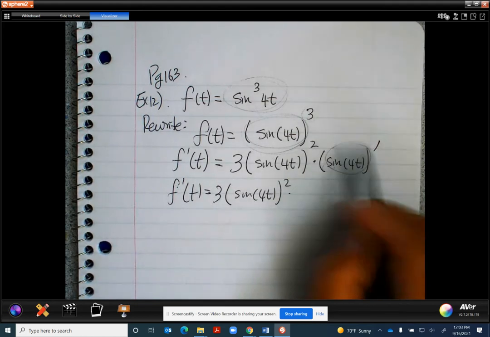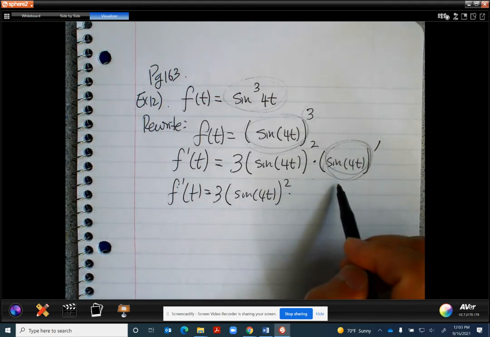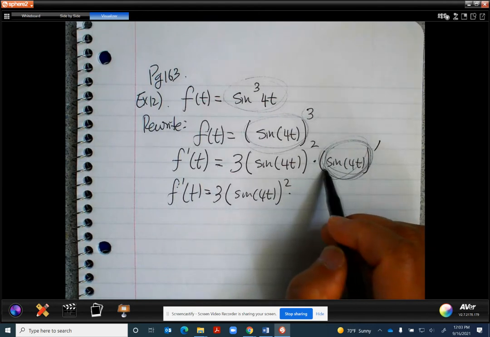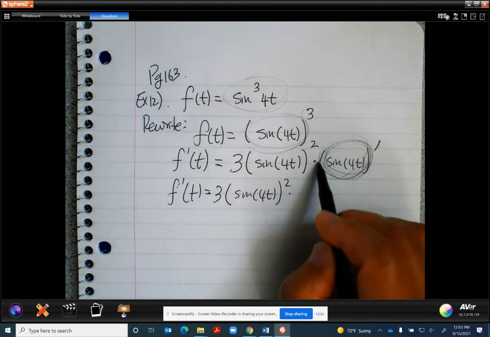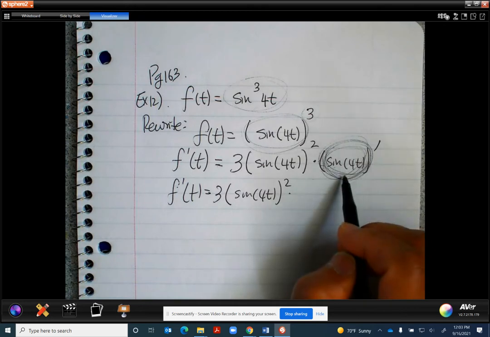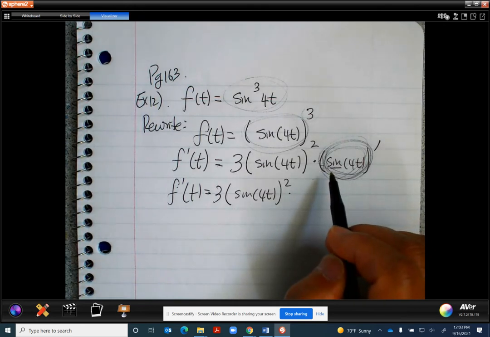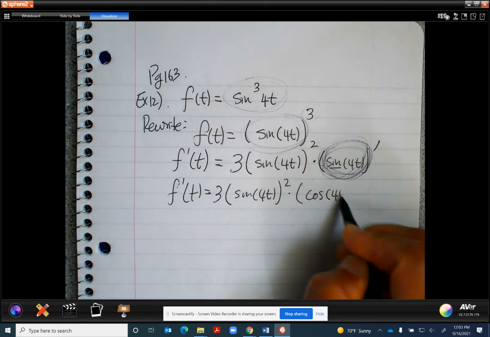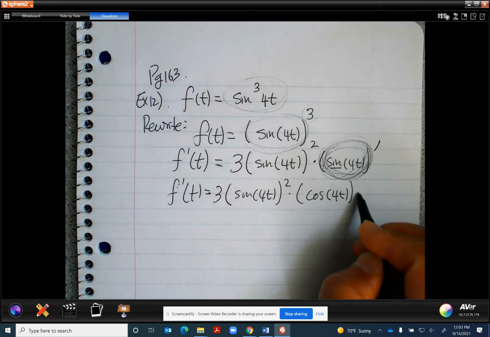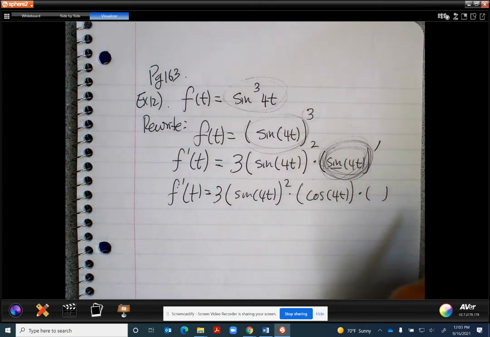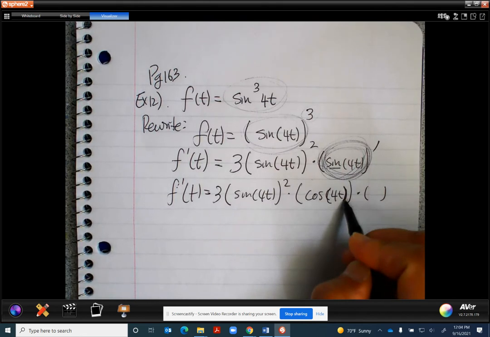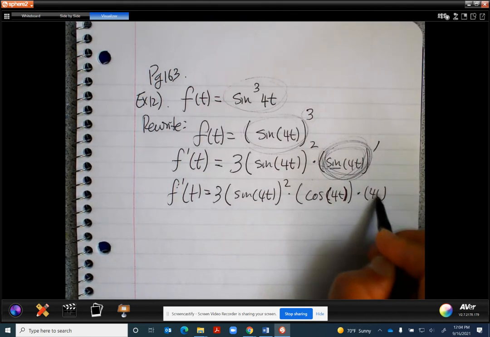How do I take the derivative of this? So what is outside? No, we don't look at what's within the parentheses. What is outside? Sine is outside. So what's the derivative of sine? Cosine, you don't do anything to the inside, which is 4t, times what prime? Do you see this inner parenthesis right here? Inner parenthesis, so it should be 4t prime.